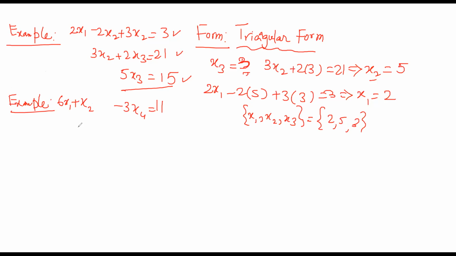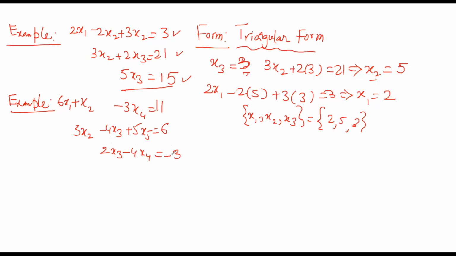And then 3x2 minus 4x3 plus 5x4 is equal to 6. And then 2x3 minus x4 is equal to minus 3.